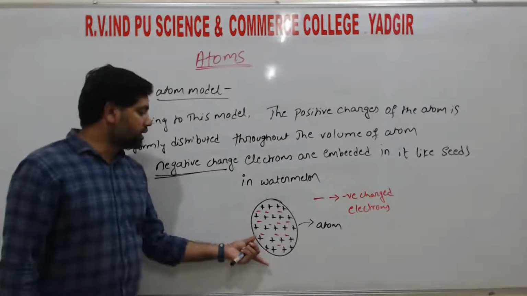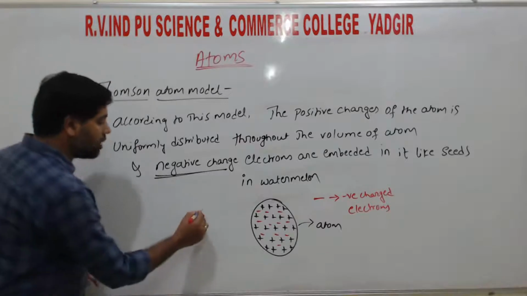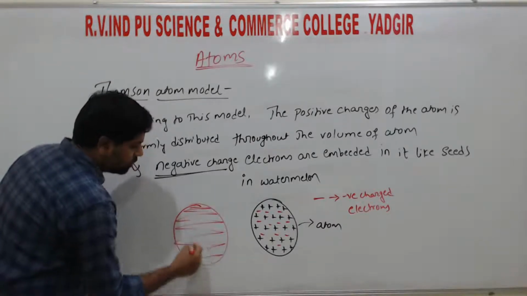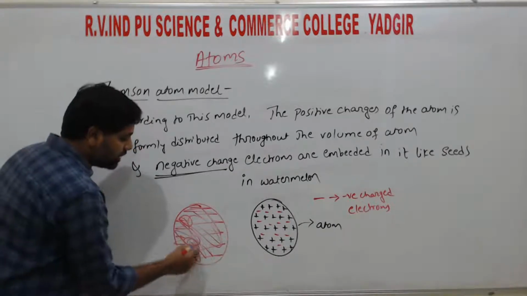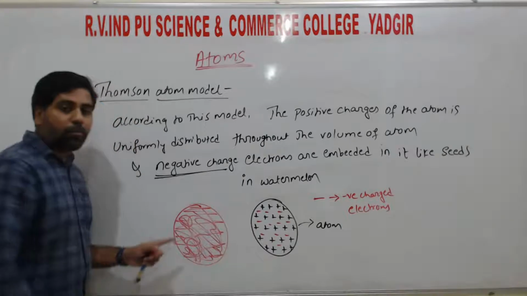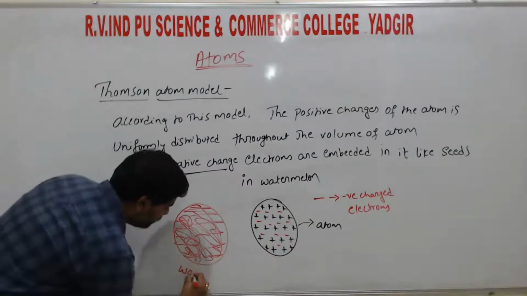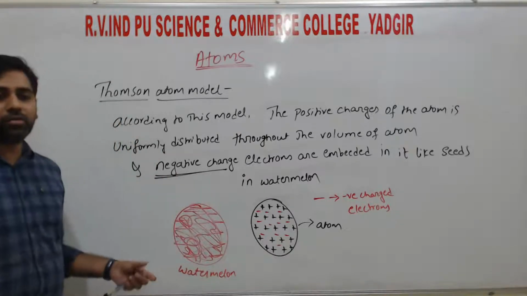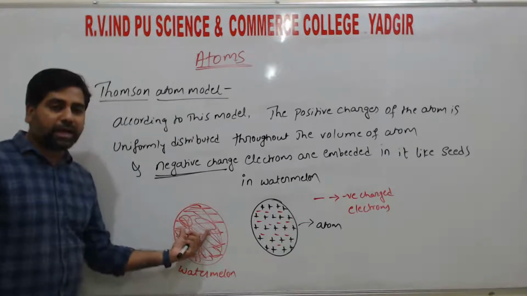So he compared this with the watermelon fruit. In the watermelon fruit we have the red color, which is the edible part. If you consider this as the watermelon, the outer part is covered with green, and inside we have the red edible part.